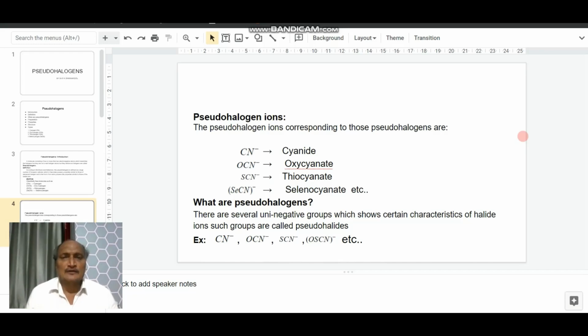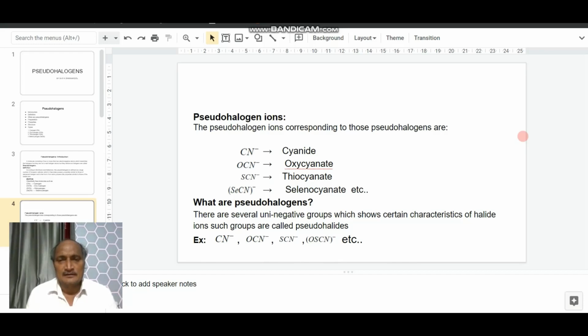The pseudohalogen ions correspond to the pseudohalogen molecules. For example, for cyanogen (CN)2, the corresponding ion is the cyanide ion, that is CN minus. Oxycyanogen's corresponding ion is the oxycyanate ion.